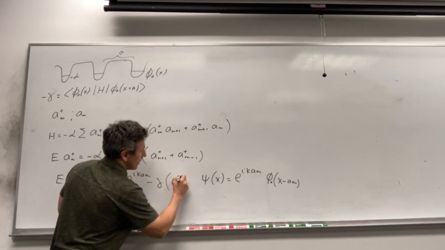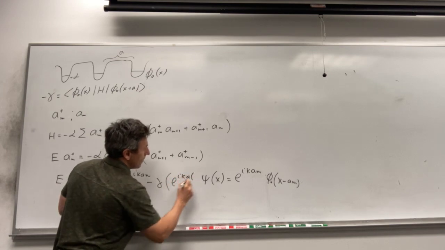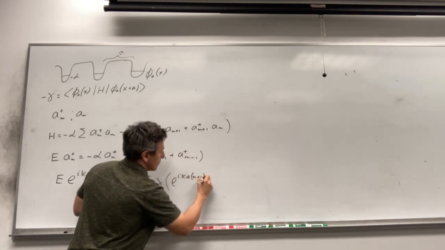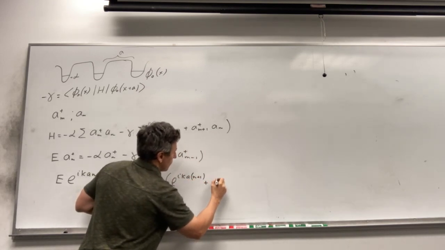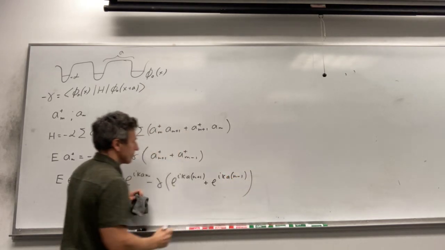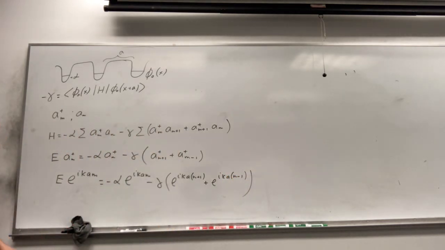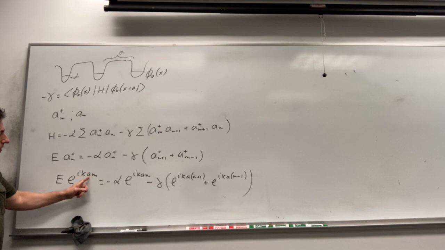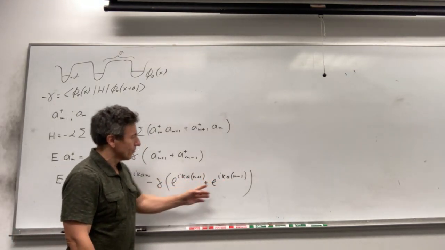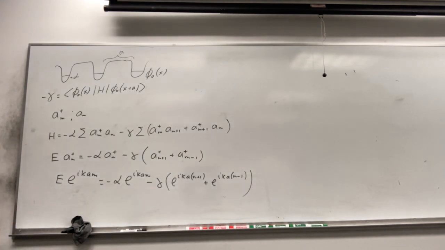It will be exponent i k a (m plus 1) plus exponent i k a (m minus 1). So this is an eigenvalue equation. k is a parameter in this case, and you can see we have exponent i k a m in every term, so we can cancel it.